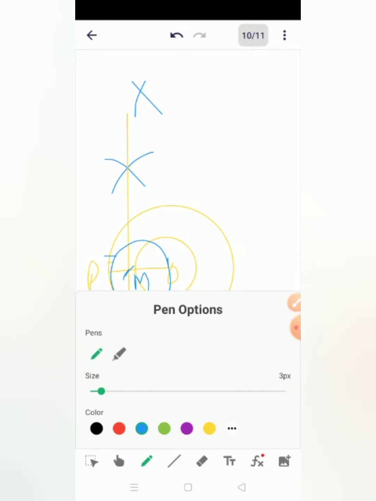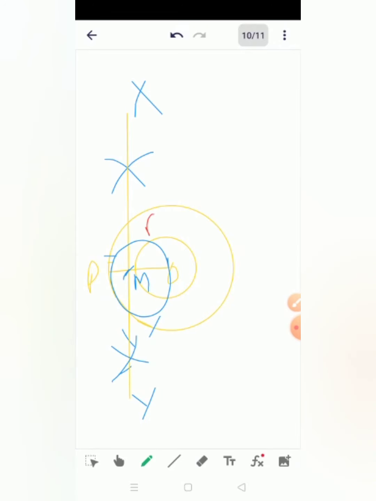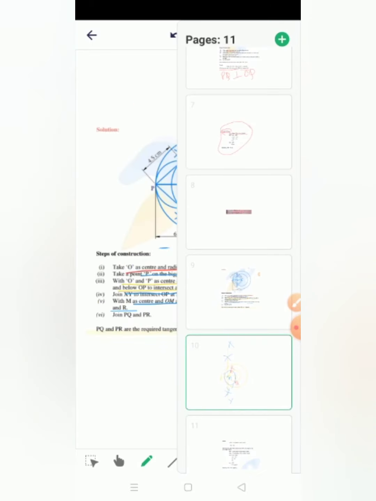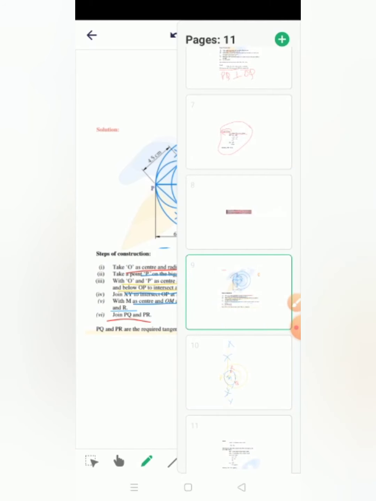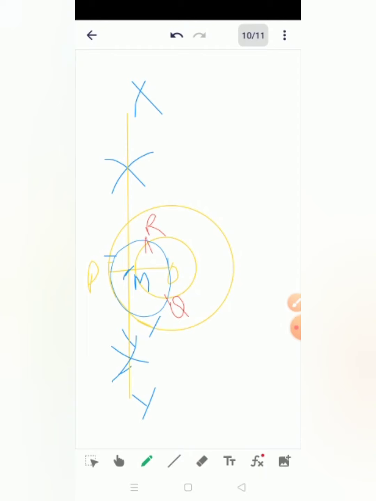Suppose this is R and this is Q, cutting the smaller circle at Q and R. The next step: join PQ and PR. You join PQ here, and then you join PR. Now PR and PQ are the required tangents to the circle.